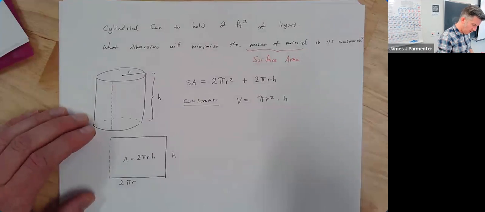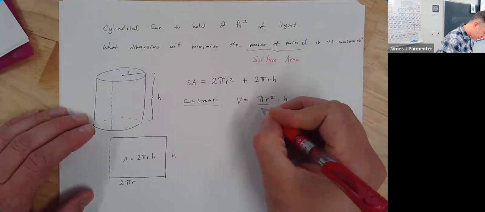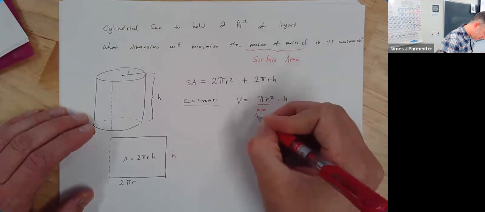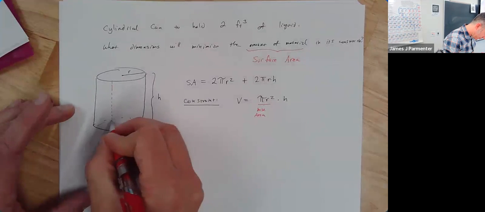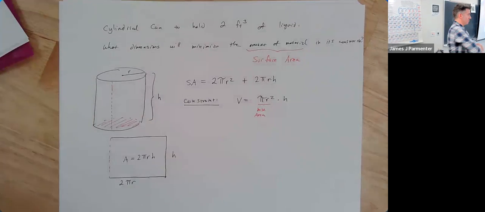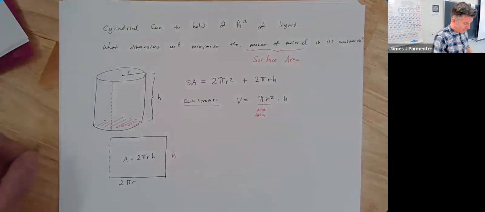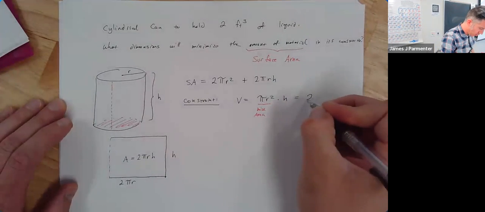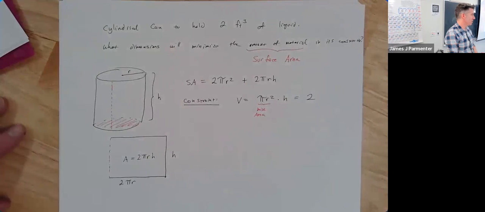There's your base area, and you're just lengthening it out. And that needs to equal 2, because someone told us it needed to.